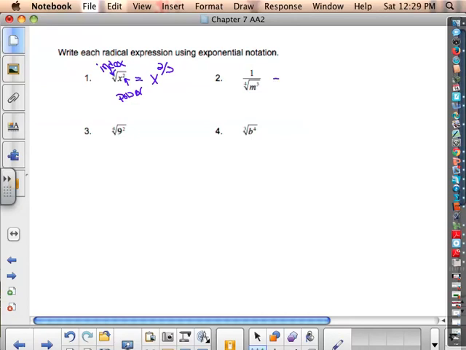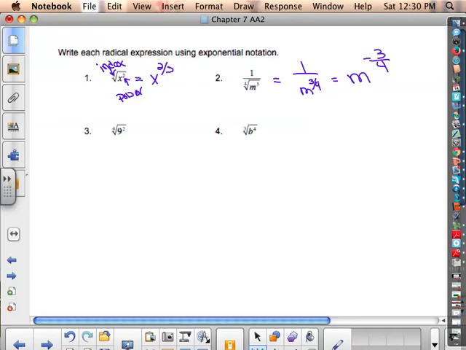So now, when I have 1 over the 4th root of m to the 3rd, that would become 1 over m to the 3/4, and you could write that as m to the negative 3/4. Please keep in mind we don't want negative exponents in answers on our tests or on any of our homework. We want to get rid of those. That's just an example to show you how you would rewrite that.